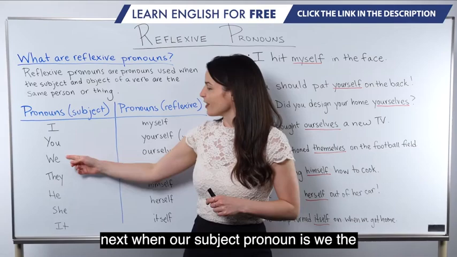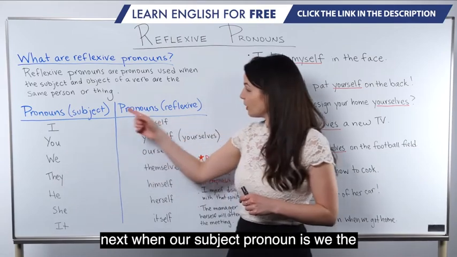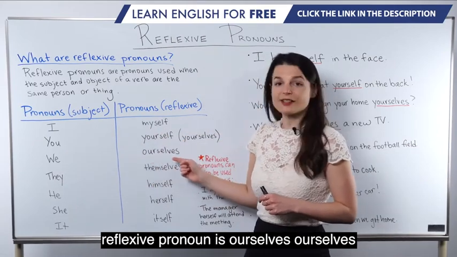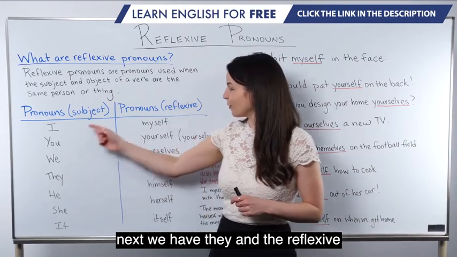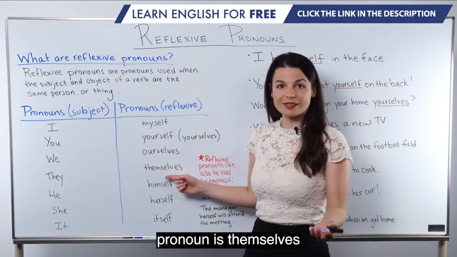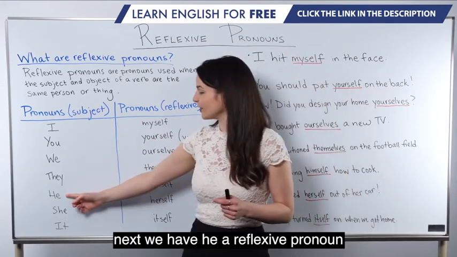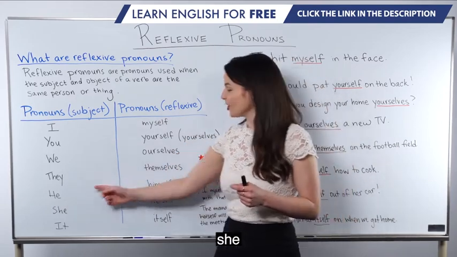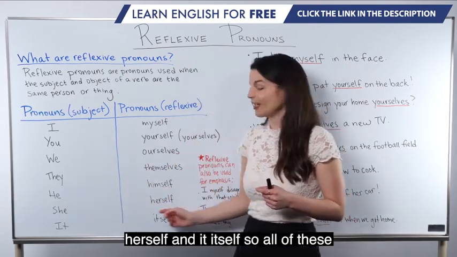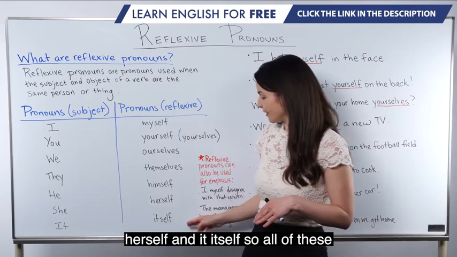Next, when our subject pronoun is we, the reflexive pronoun is ourselves. Next, we have they, and the reflexive pronoun is themselves. Next, we have he, the reflexive pronoun himself; she, herself; and it, itself.